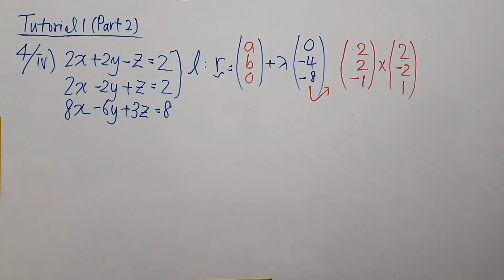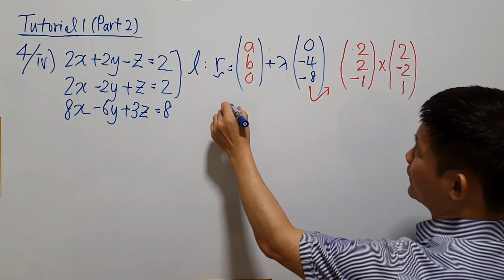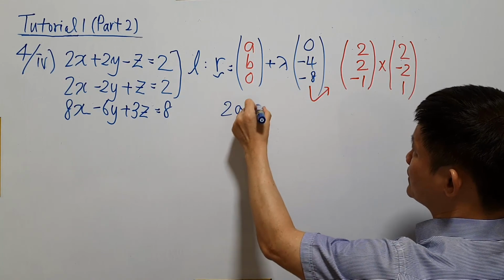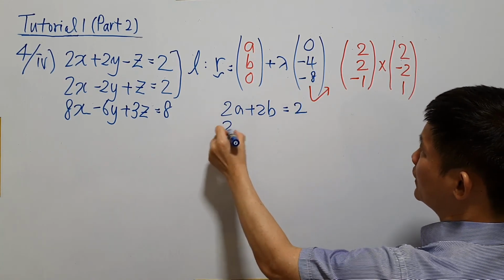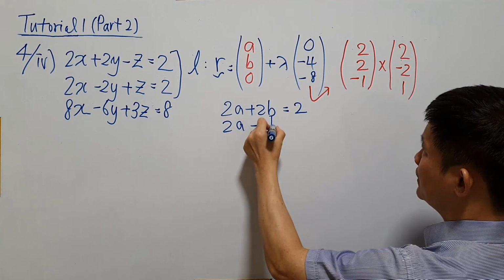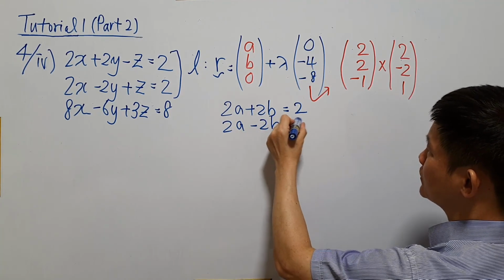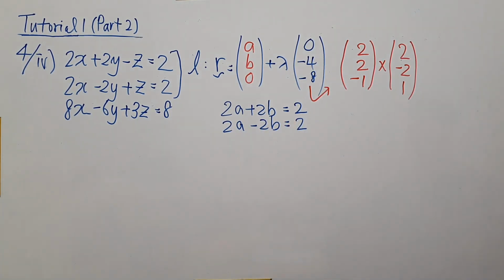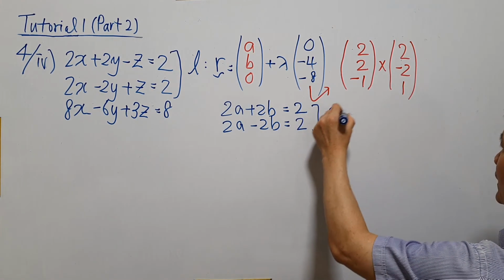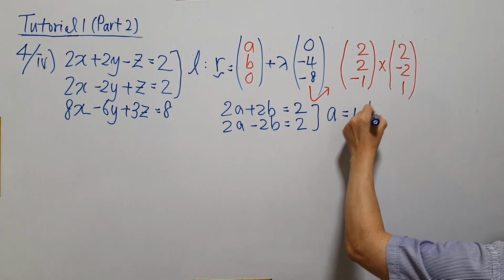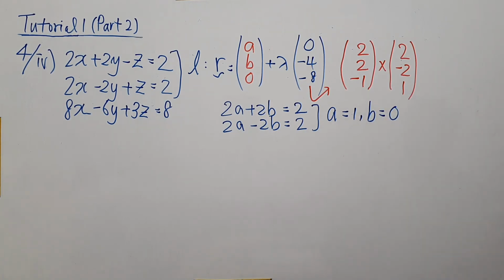Then I will have 2A plus 2B equals 2, and 2A minus 2B is also equal to 2. So A equals 1, and B equals 0, if we solve them simultaneously.